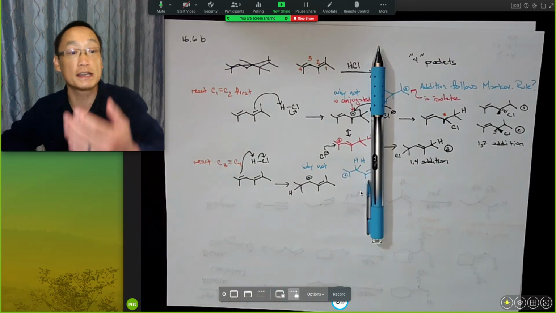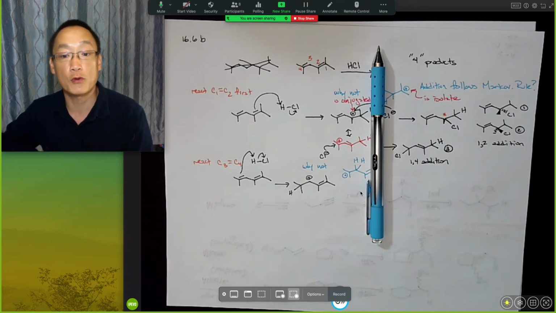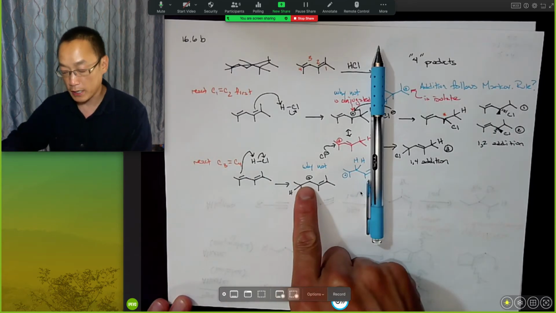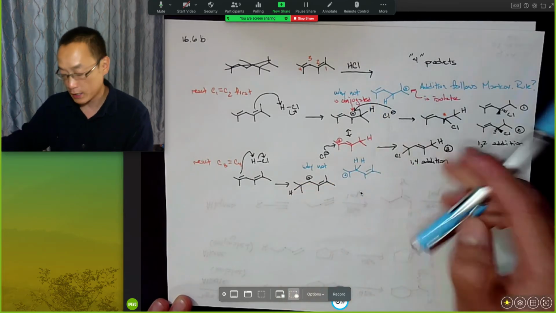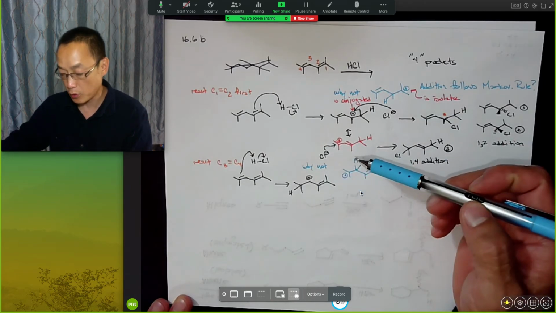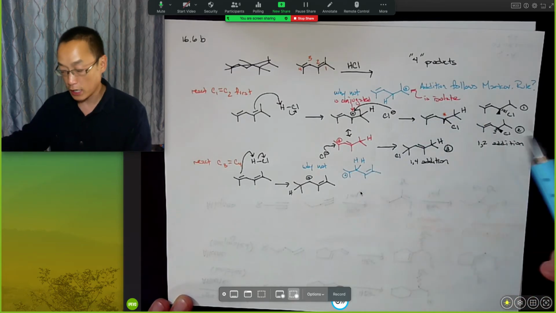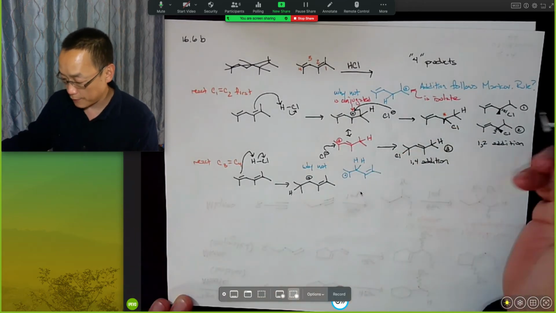The deeper idea, the richer understanding, is that the Markovnikov product will be the one by which the most stable carbocation intermediate is formed, and that's still the one in black. Right here, it is allylic stabilized and it is a secondary carbocation, and so it's going to be more stable than just this tertiary isolated carbocation over here. You're not going to see that pathway produce very many products, if any at all.